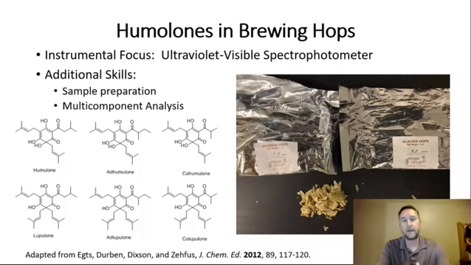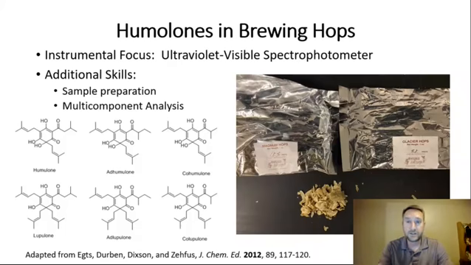So this is a more complicated experiment because they have to quantify alpha humulones, beta humulones, and then there is also a third component found in brewing hops that is related to the humulone family. So really 3 components in this mixture that they have to identify and quantify.